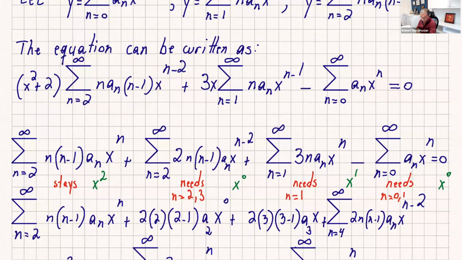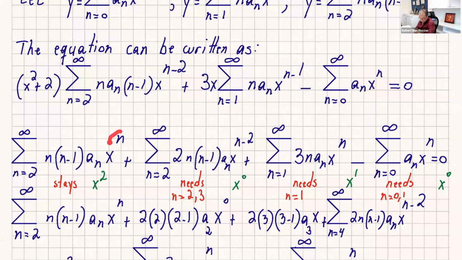The first term, x squared times x to the power of n minus 2, is just x to the power of n, and 2 times that gives 2n times (n minus 1) times a sub n x to the power of n minus 2. The 3x times x to the power of n minus 1 is just x to the power of n, and the last term doesn't change.